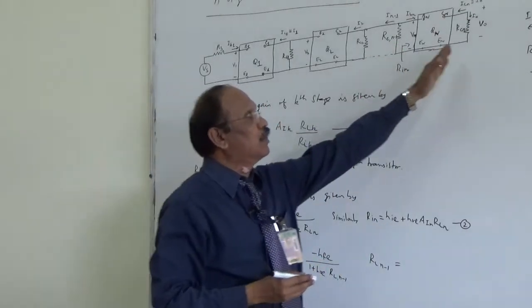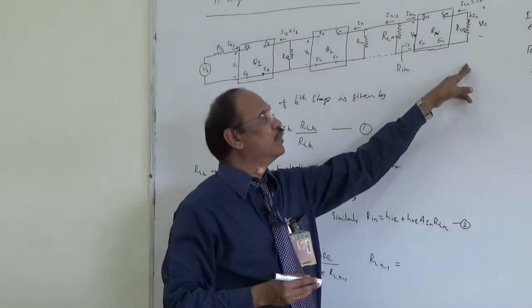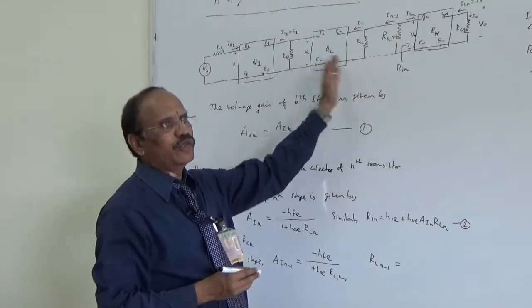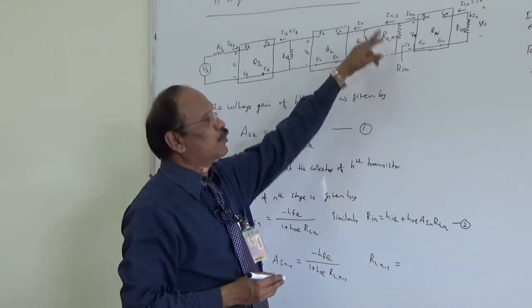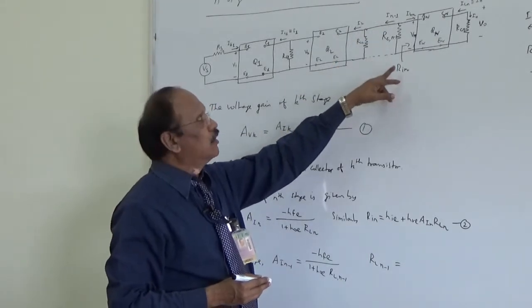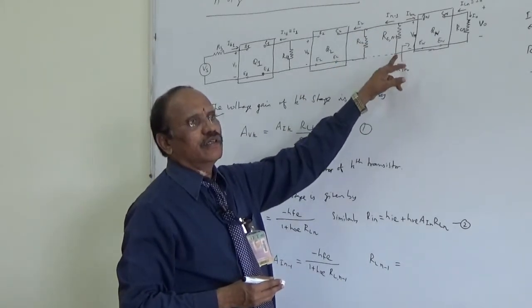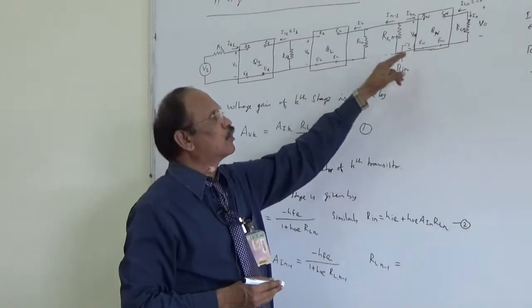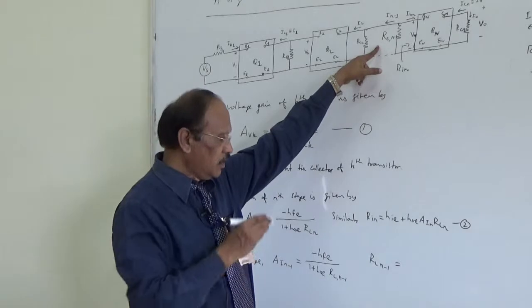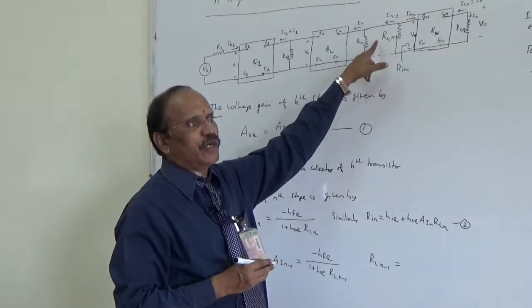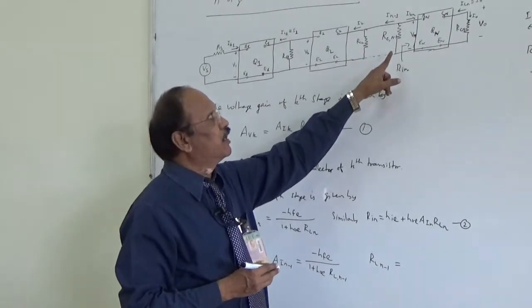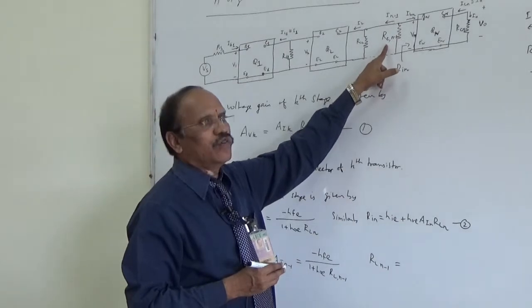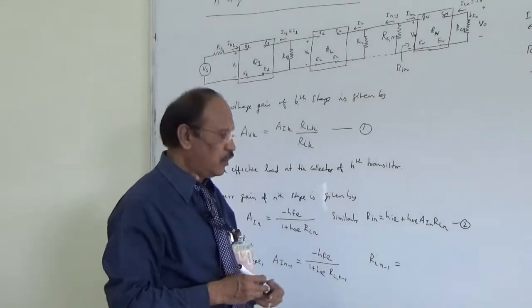So for the last stage there is only one RCN, but if you take the corresponding previous stages with the corresponding collector resistance, there will be added the input impedance of the next stage. So in order to determine the load resistance of the n minus 1 stage, we have to take in parallel the value of RC n minus 1 and this RIN.